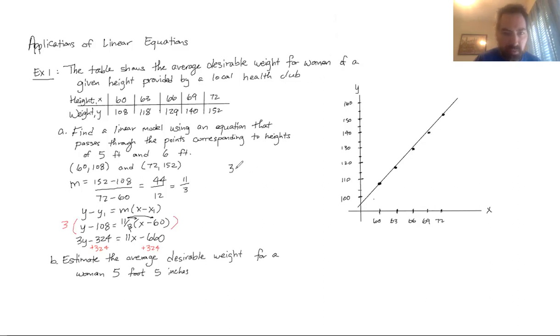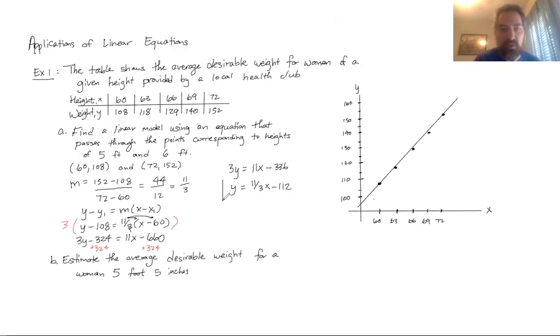So that will give us 3y equals 11x and negative 660, plus 324 is a negative 336. And then we will divide both sides by 3. That leaves us with y equals 11/3 x minus 112.